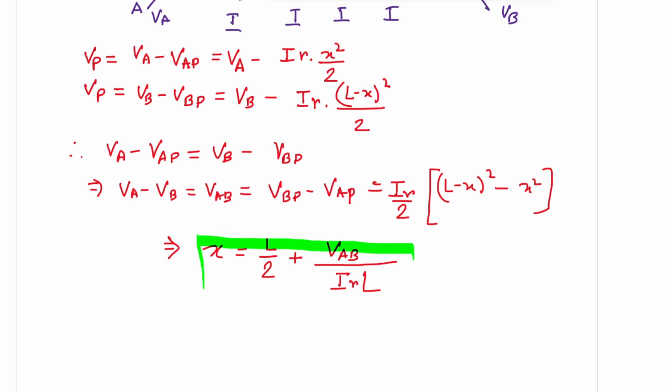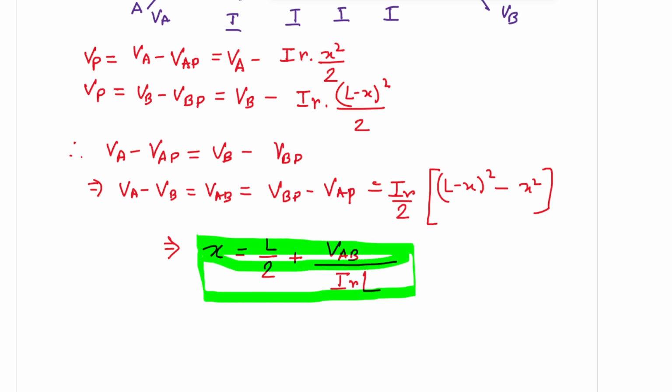Even for uniform loading, if both end voltages are not equal, the point of minimum potential can be found out by this expression.